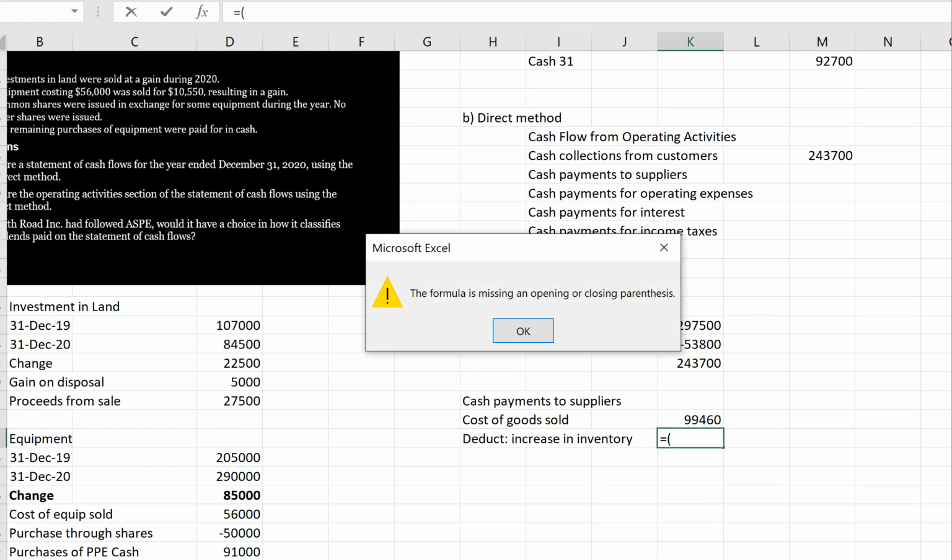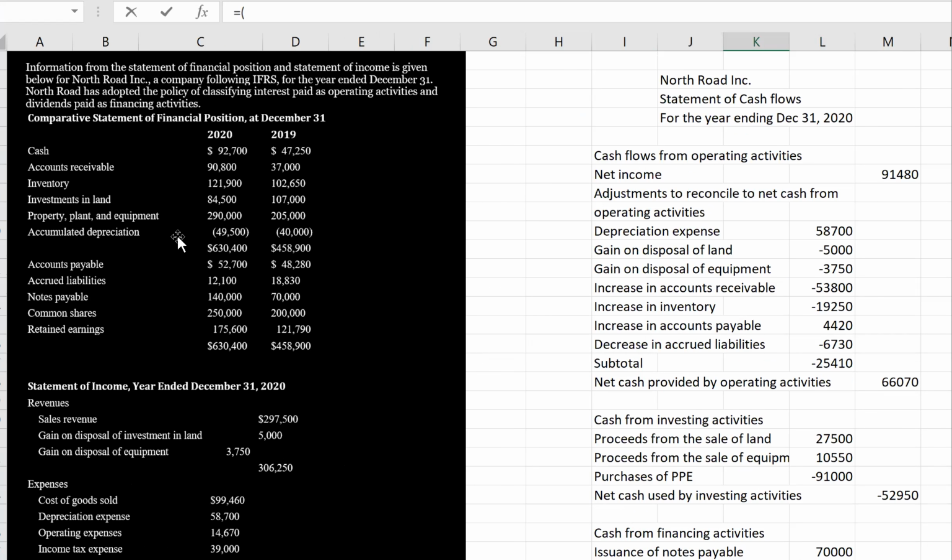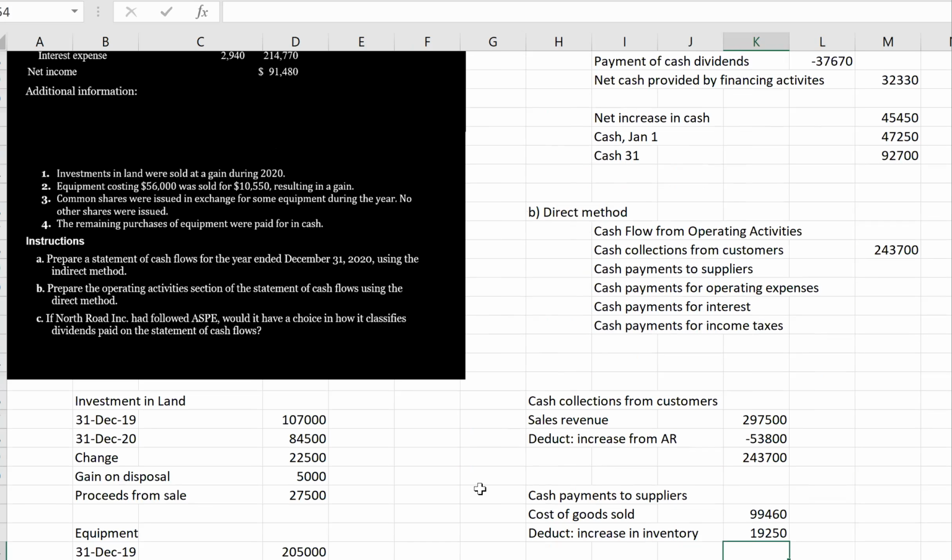Inventory is 121,900 minus 102,650. We can see this number here, and we need that to be a negative. So we're going to deduct that, and this subtotal is going to give us our cash payments to suppliers.